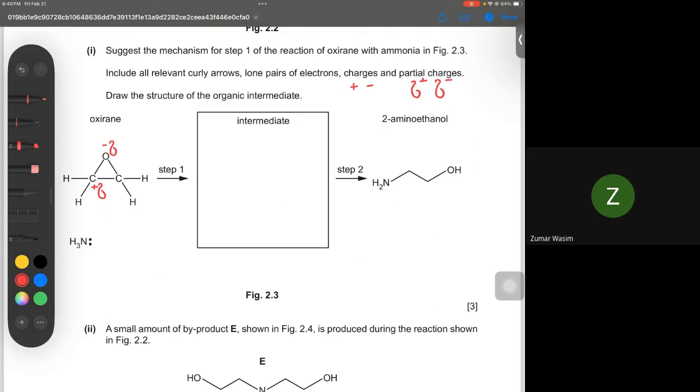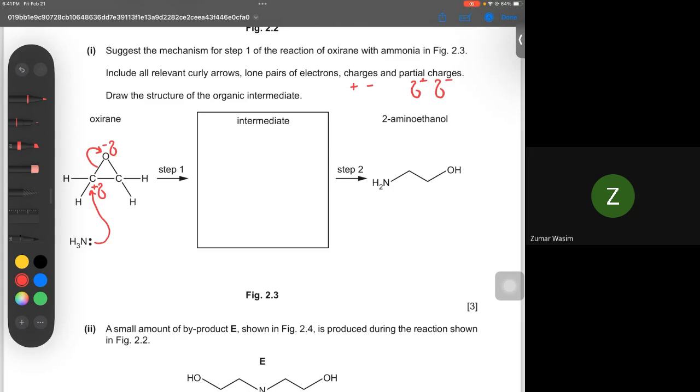As a result, the oxygen becomes partial negative, which makes this carbon partial positive. So this nucleophile is going to attack this center, which is positive. Ultimately, the bond between carbon and oxygen is going to break since the electronegativity is higher and it's more polar, or I can say the valency of carbon cannot be more than 4. That's the reason this bond is going to break.